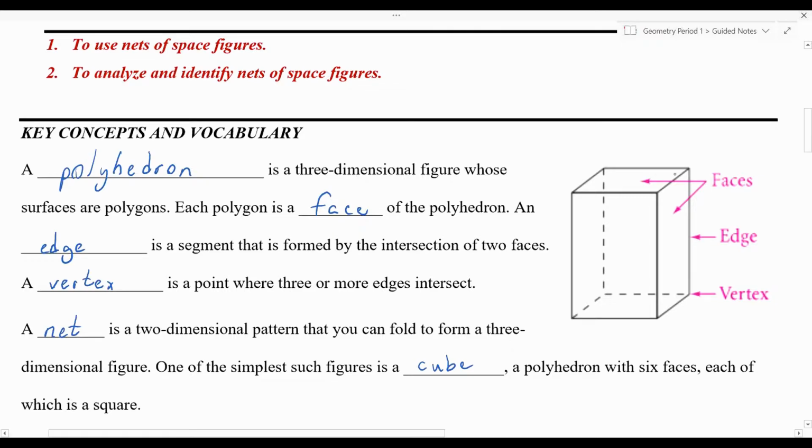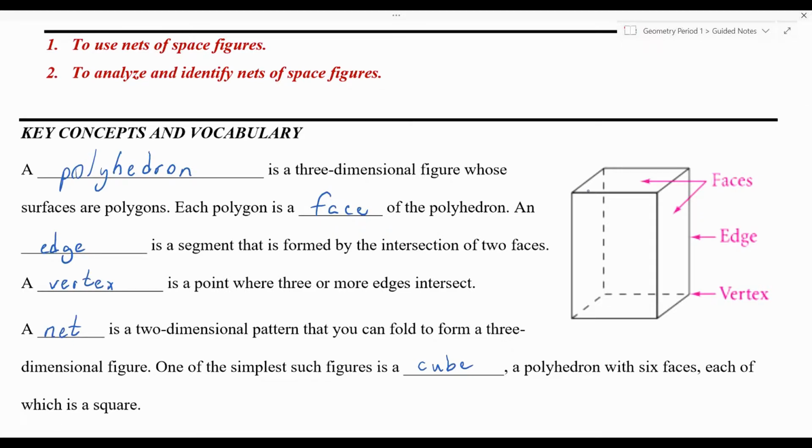The sides of the two-dimensional figures are known as our edges. So when we're talking about edges, we're talking about where the sides of the two-dimensional figures intersect. And the vertices are the outside corners of the three-dimensional figure formed. We're going to take a look at that in a little bit.